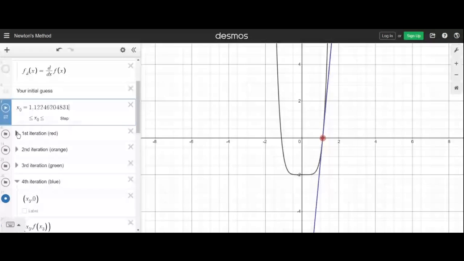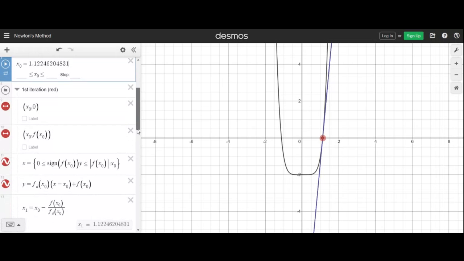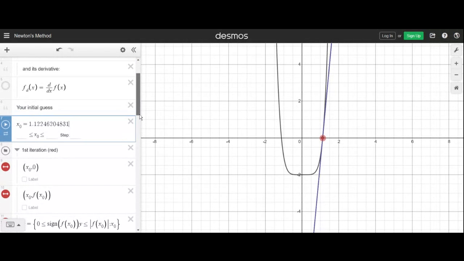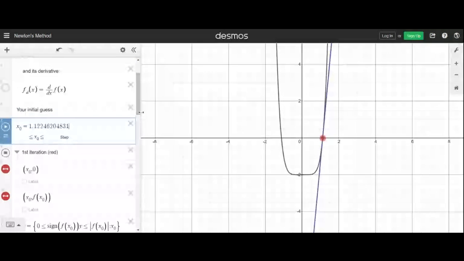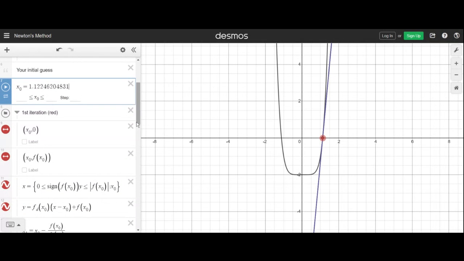And then I can say, give me the first iteration, but the first iteration would actually be x sub 6, the sixth iteration, being that we started initially at x sub 1 equals 1.